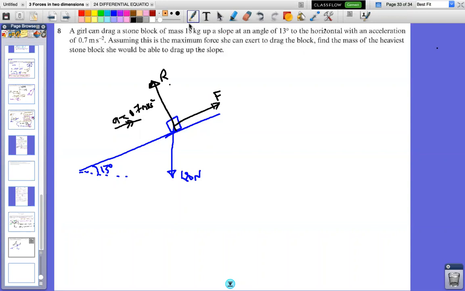So now we can resolve our weight into perpendicular component. This will be 180 cos 13. And here, parallel will be 180 sine 13.